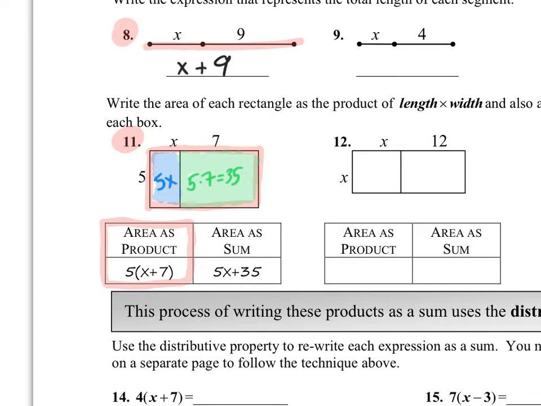Or we also could see the two separate little rectangles inside the compound rectangle, and we could see the blue rectangle as being 5 tall and x across, so its area is 5 by x, or 5x. And the green rectangle's 5 tall and 7 across, so its area is 5 times 7, or 35, and adding the blue rectangle's area plus the green rectangle's area gives the area as a sum.